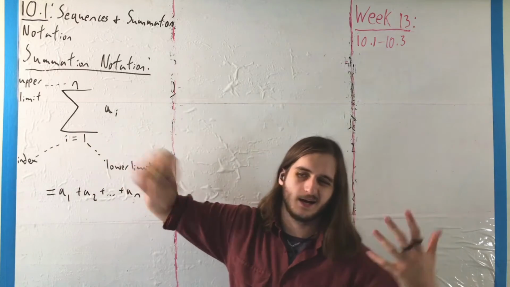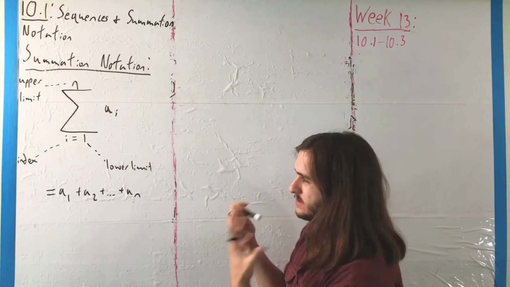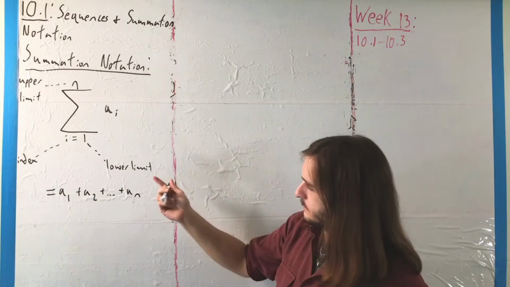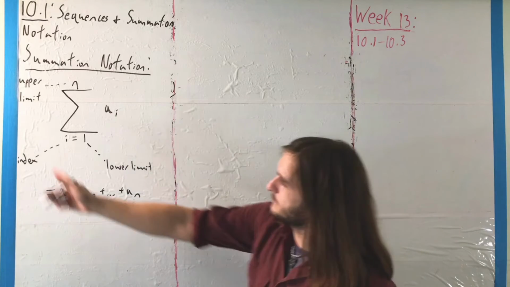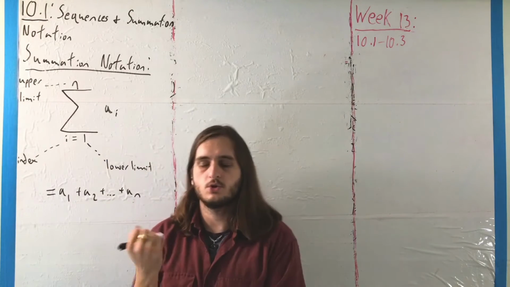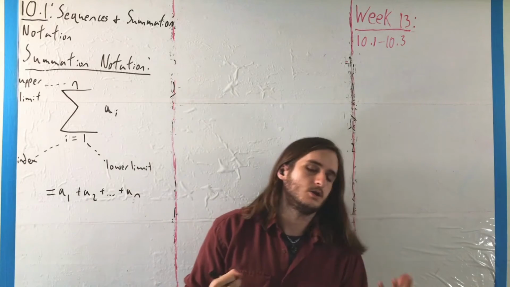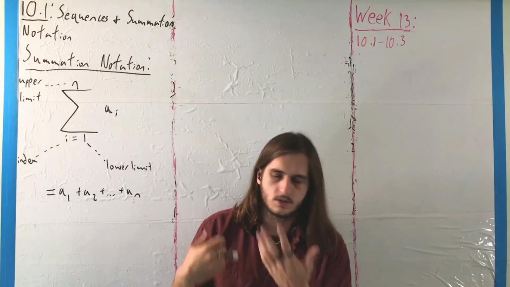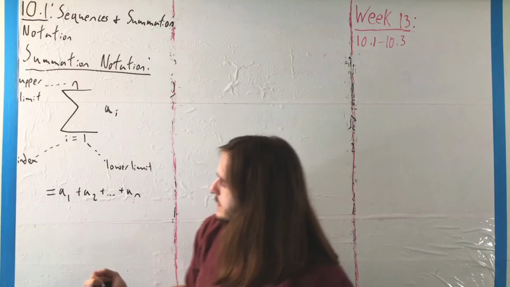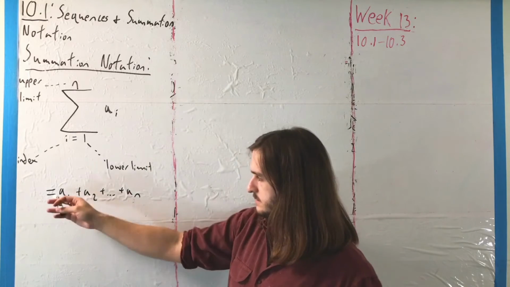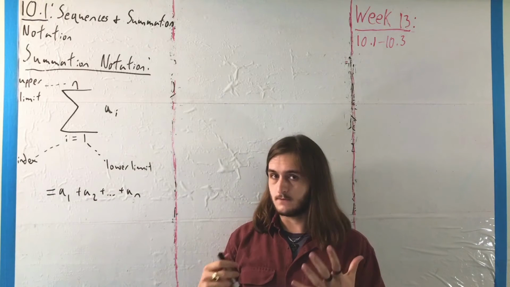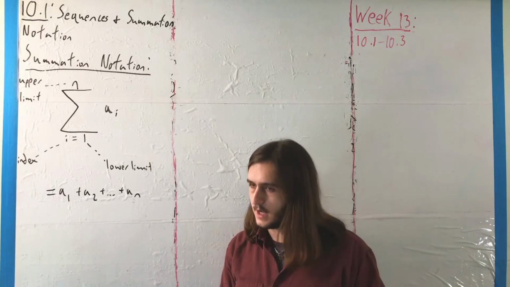We usually call that index i, but we can use j or k or any letter we want, from our lower limit, which is often 1, but doesn't have to be 1, up to our upper limit, which usually we say is n in general, but doesn't have to be n. It's just a choice of notation, where we're taking the sum of terms a_i, which means that we're just adding up things that follow that pattern, a_i.